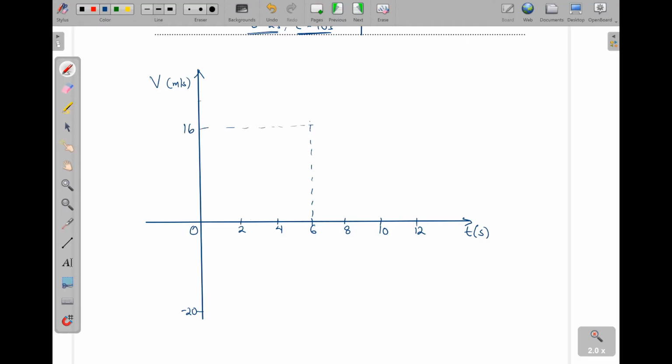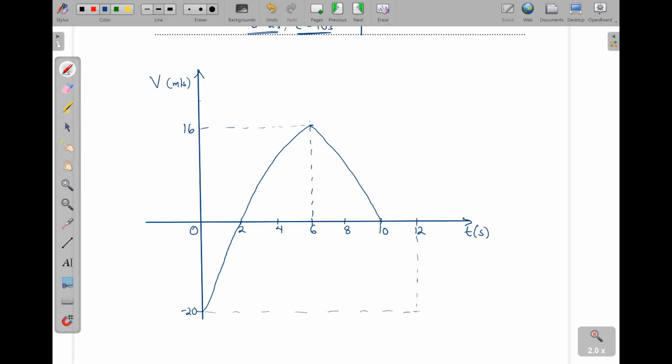Now when I'm drawing, I'll draw this n-shaped. It passes through 2, then it comes here and curves off from there, and then passes through 10. By the way, this one at 12 also corresponds to negative 20.